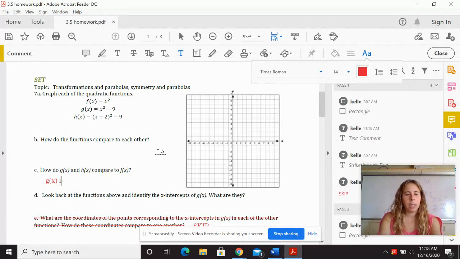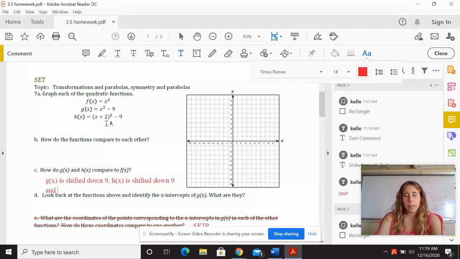G of x is shifted down 9. And then what about h of x? H of x is also shifted down 9. And remember what this 2 means with the x?